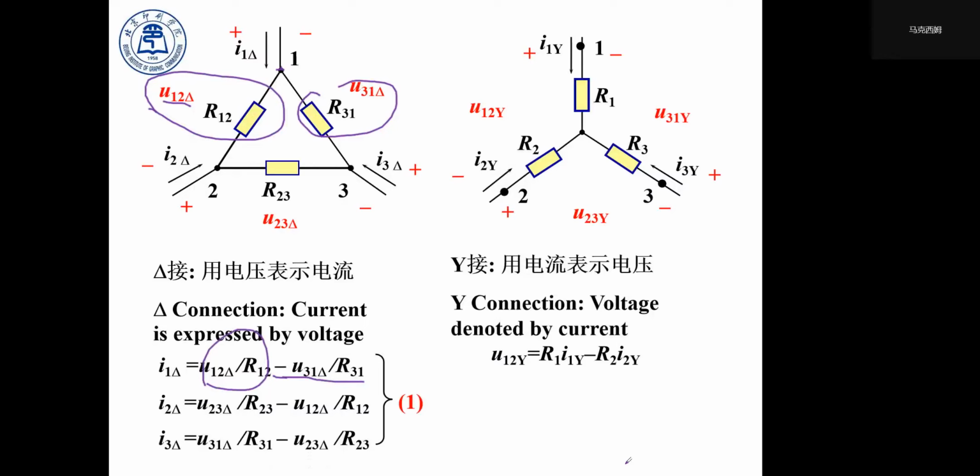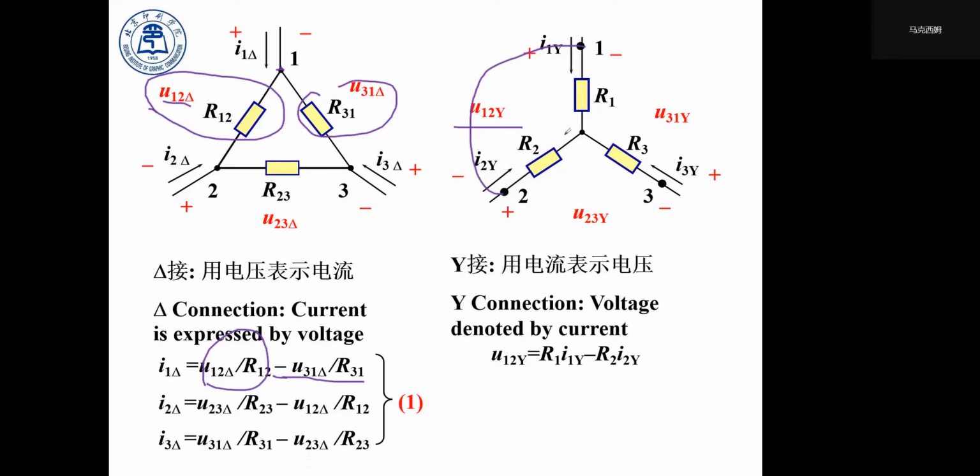But this time, since it only has 3 inner currents, we can use the current to describe the voltage. So the voltage between point 1 and point 2, we define as U12Y, and we assume the higher end is positive.